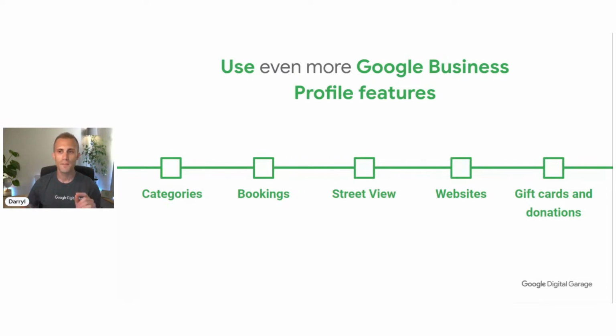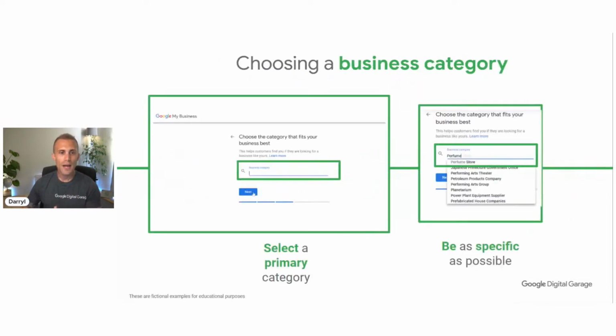The first one I want to jump into is categories. When it comes to categories, we're going to have a primary category for every business. In some cases, there isn't an exact category for every single business in the entire world. So what you're going to do is find a category that is as closely related to your business as possible.